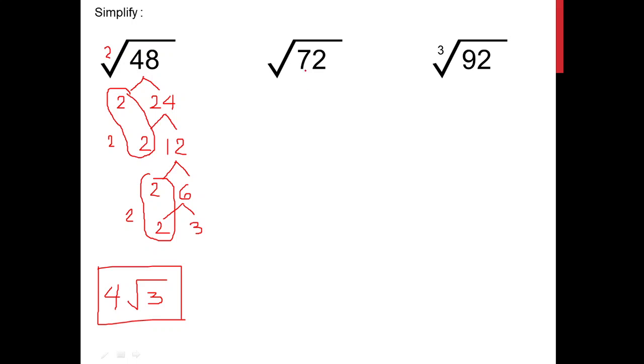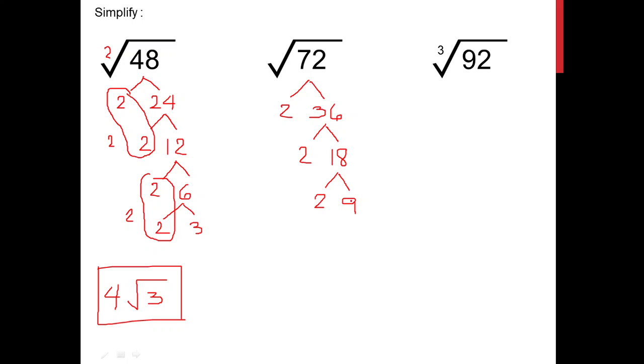Again, another example here, the square root of 72. Since this is an even number, it is divisible by 2. So let's try dividing by 2. 72 divided by 2 is 36. 36 divided by 2 is 18, right? 18 divided by 2 is 9.